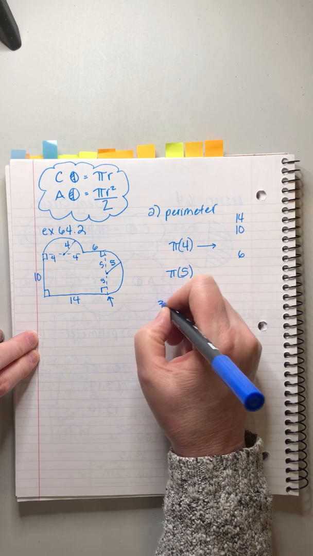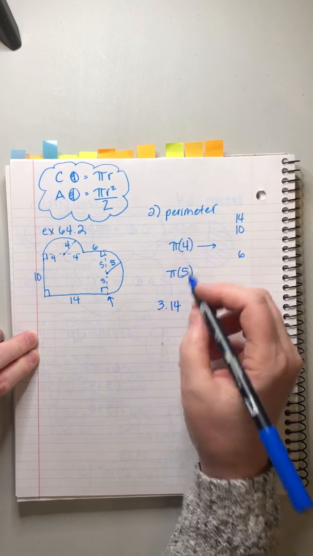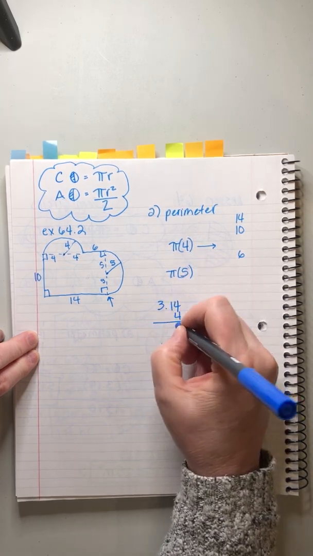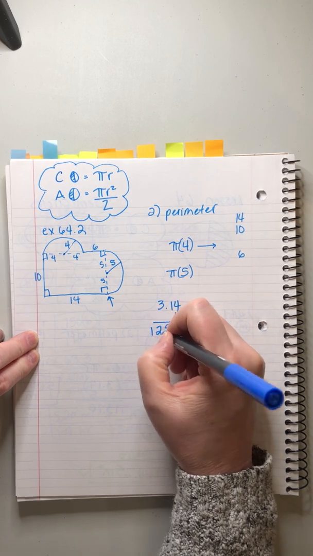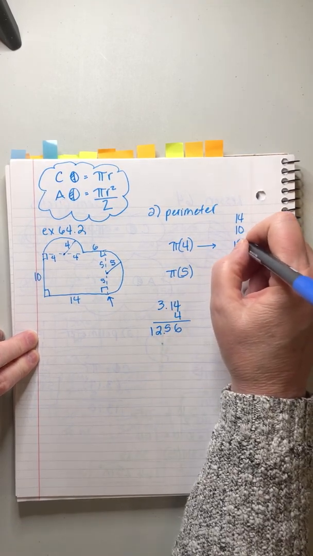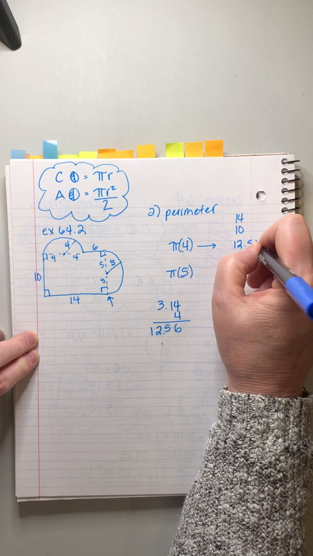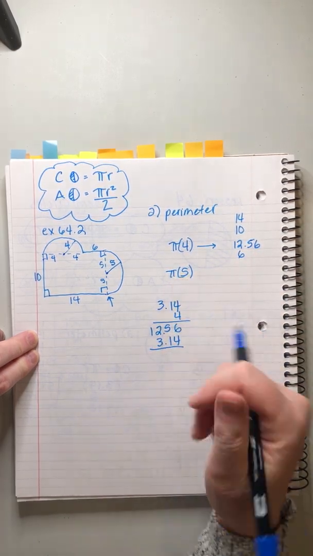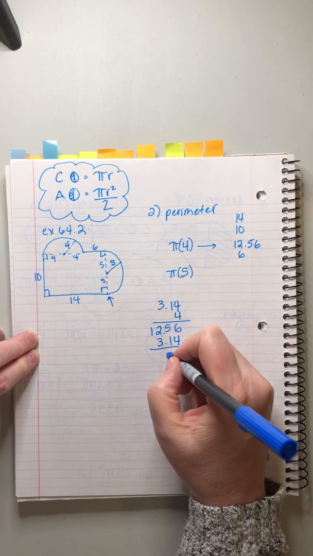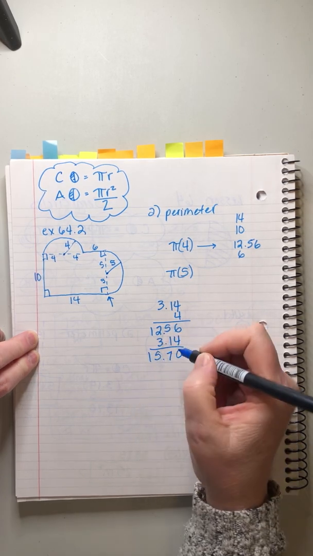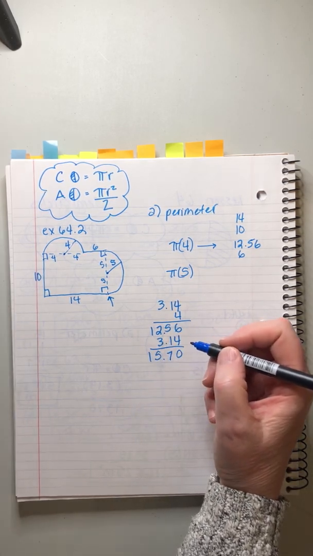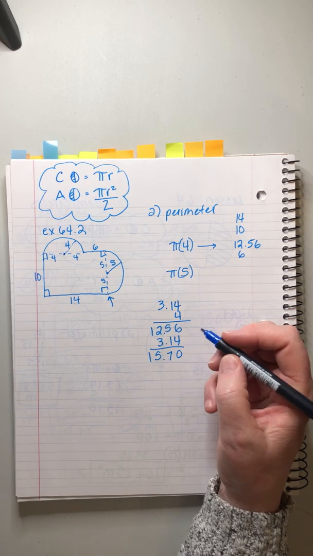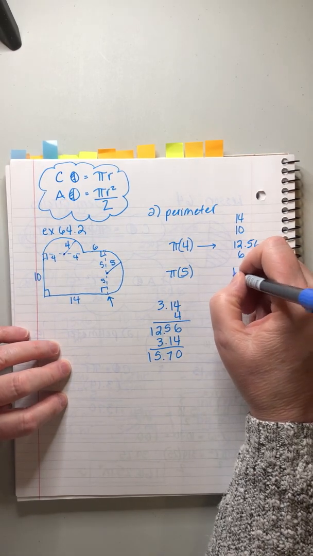So let's just multiply 3.14 times 4, 12.56, and then we can just add 3.14 to that to get 5 times, right? 15.7. Okay, and that goes right there.